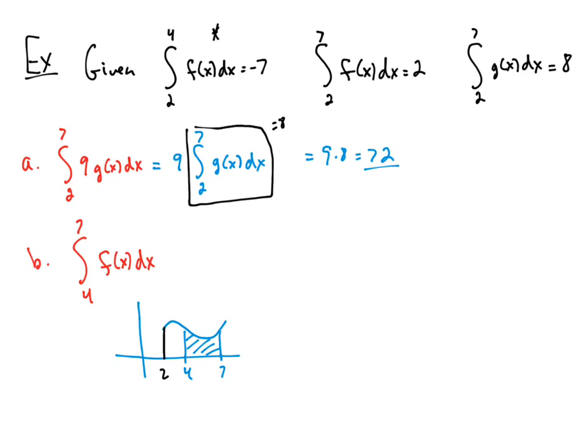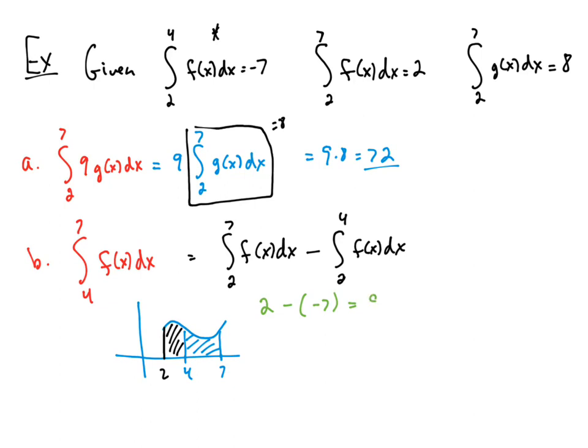So if we're given 2 to 4, and we're given 2 to 7, to find from 4 to 7, well, we could subtract the integral from 2 to 7 of f of x dx minus the integral from 2 to 4 of f of x dx. I think that would do it for us. So this first integral from 2 to 7, that's 2, and then minus the other integral. That leaves us with 9 here.